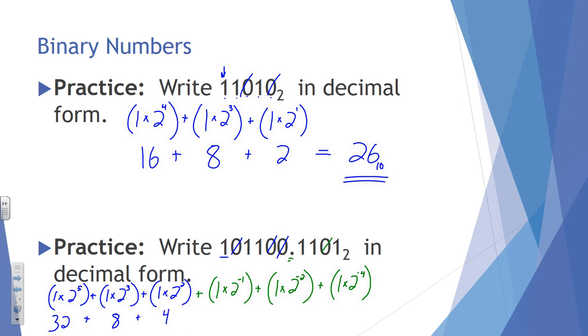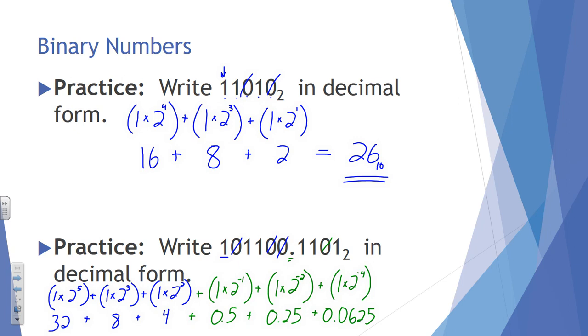And then beyond our binary point, we have a 2 to the negative 1, that's a half, or 0.5. We have a 2 to the negative 2, or a quarter, which is 0.25. And we have a 2 to the negative fourth, which is a 16th place, which is 0.0625. So if we add all those together, our whole number part becomes 44.